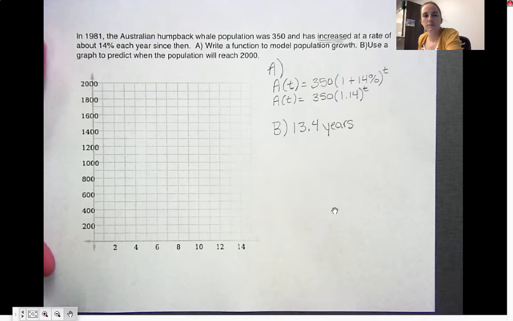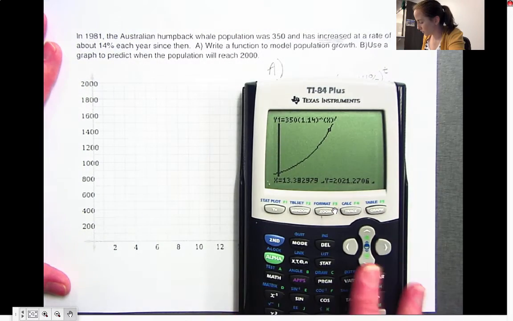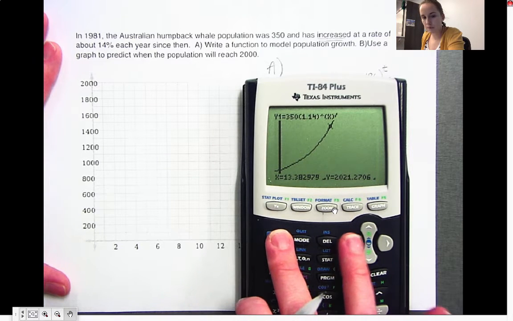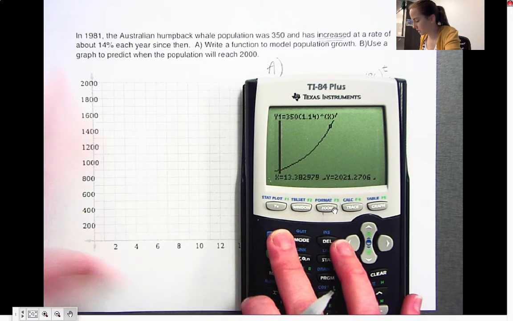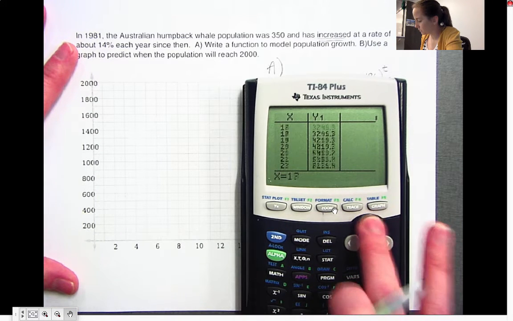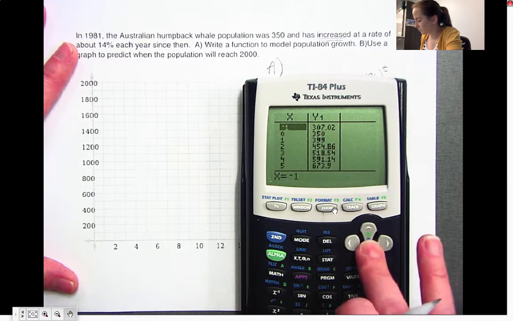Okay? And of course, we can go in and graph the information. I'm going to use my table in this case because I've got some whole numbers down here. Let me get back up to 0. We know at 0, if I plugged it in, that's our starting amount.